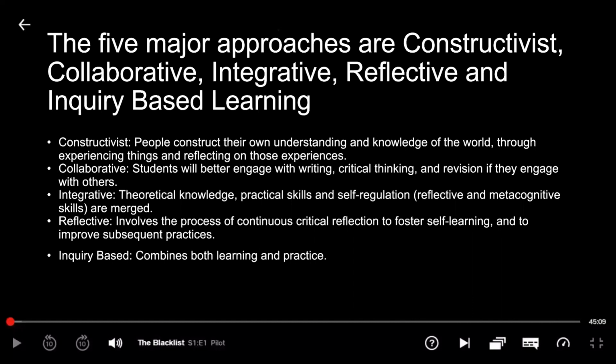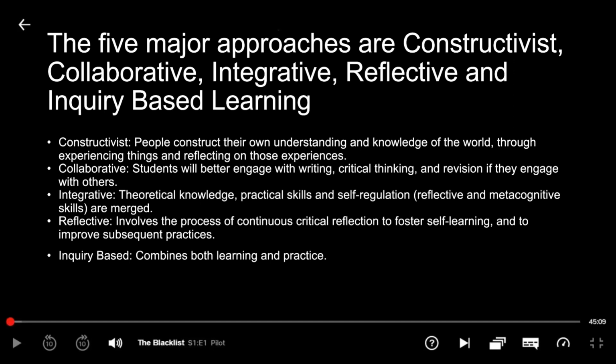So we have 5 major approaches. The constructivist, that is when people construct their own understanding and knowledge of the world through experiencing things and reflecting on those experiences. We also have the collaborative practice, which is when students will better engage with writing, critical thinking, and revision if they engage with others.